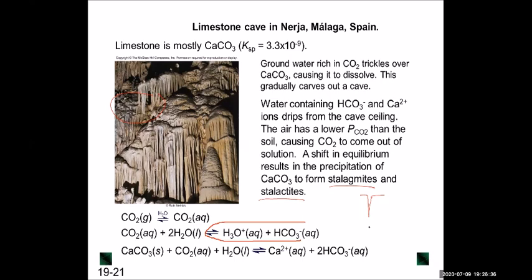And the stalagmite is right under, where the stalactite is formed. It grows some stalagmite. So what happened is the calcium carbonate was dissolved elsewhere, and once it goes into this location, it decomposes and forms calcium carbonate.